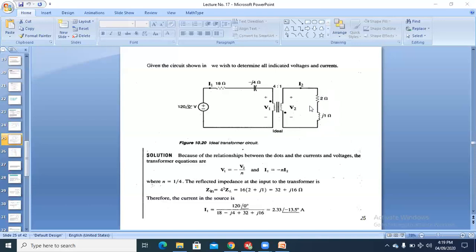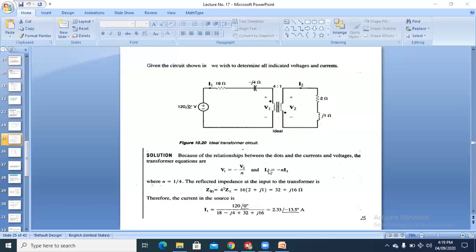So this 2 plus J1 will be divided by 1 by 16, or we multiply 2 plus J1 with 16. So this is the reflected impedance of this load at the primary side.